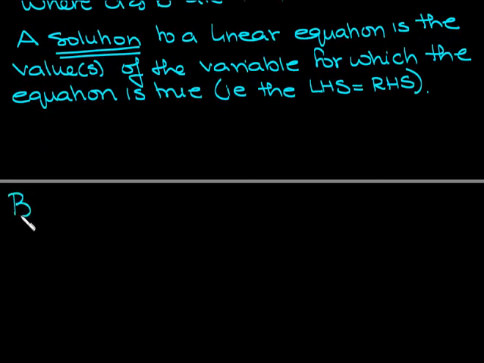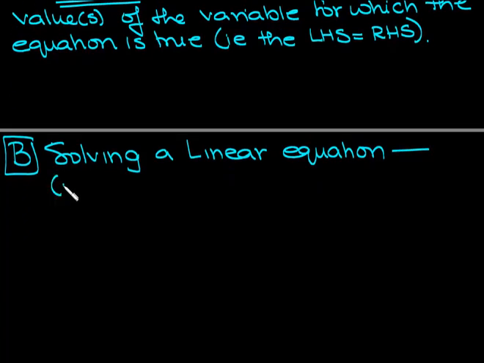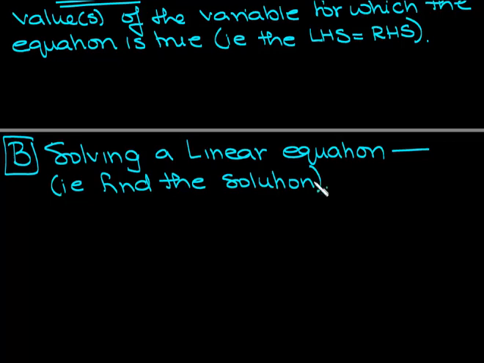Let's take a look at part B, solving a linear equation, which is the same thing as finding the solution. We want to find the solution to the linear equation.